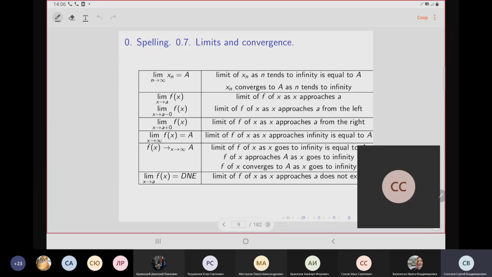Okay. Next one, some limits. The first one, the limit of xn as n tends to infinity is equal to a, or xn converges to a as n tends to infinity.